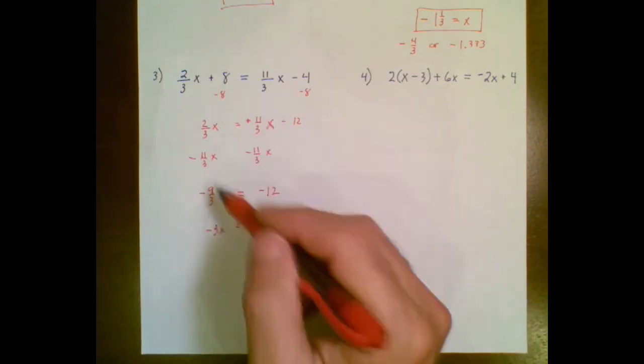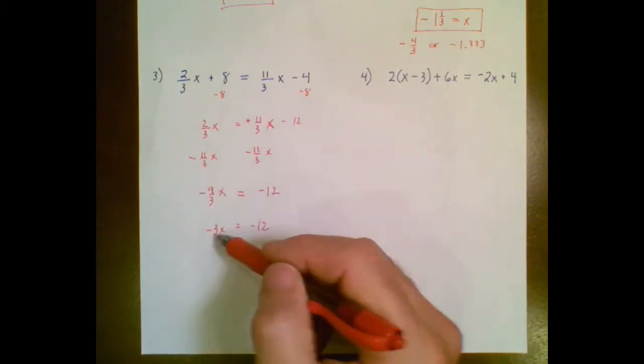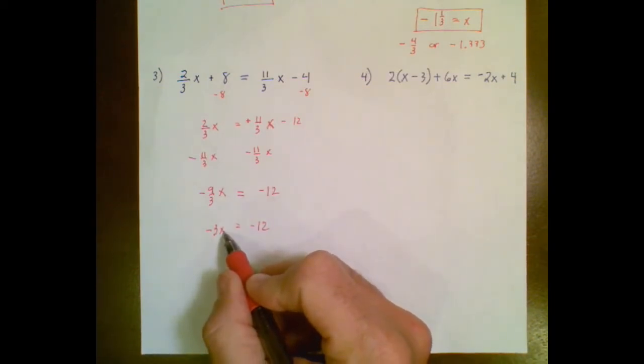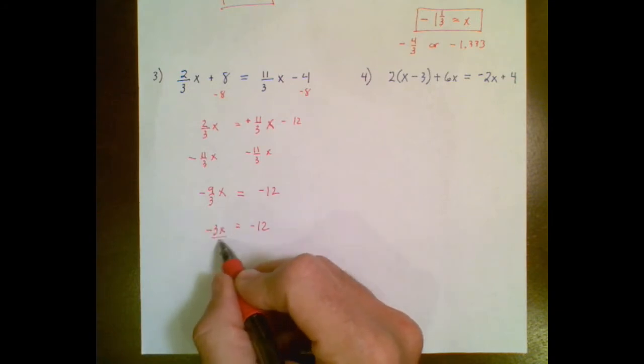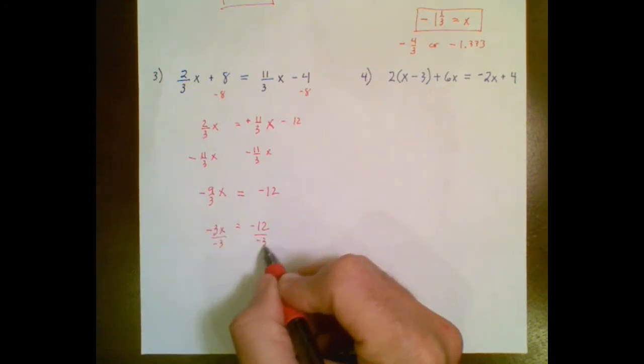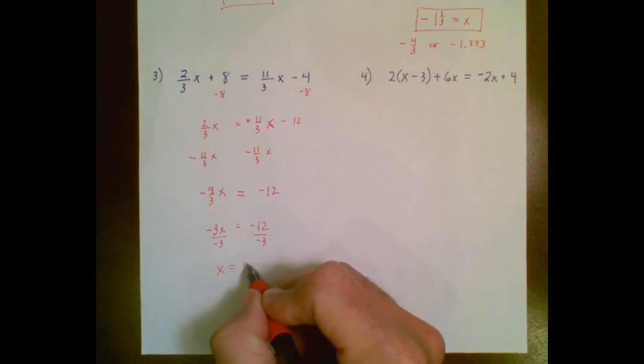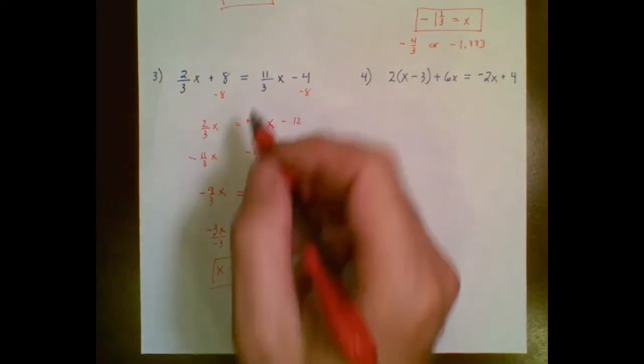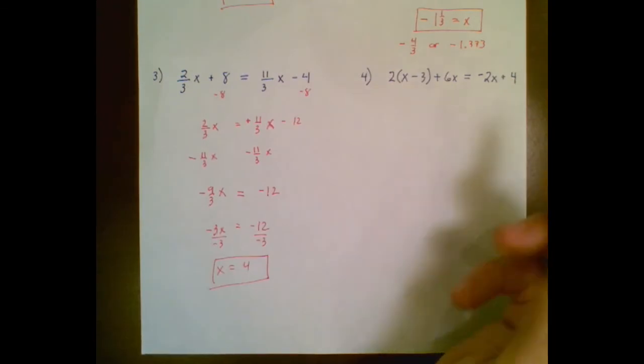So this has been pretty clunky up here, but by the time you get to this spot, it's not so bad. If my goal is to get x by itself, the negative 3 is attached by multiplication, I do division, and x equals 4. Now I knew that problem was going to be pretty rough. It's because of the awkwardness of the fractions.